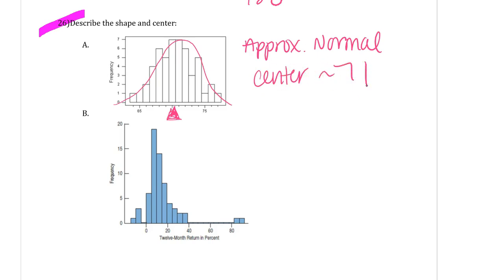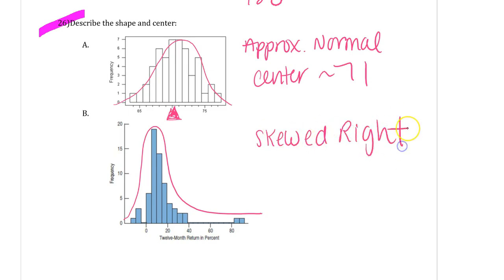approximately 71. Now the data down here, if I draw a curve over it, it doesn't look very symmetric, okay? This tail part is on the right, so that's what tells me the shape of this is skewed right, okay? The center of my data looks like it's right in this range.